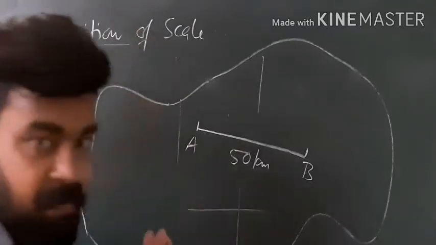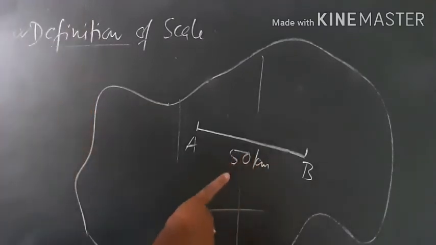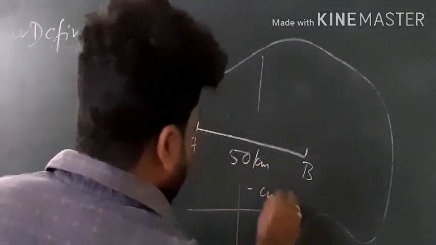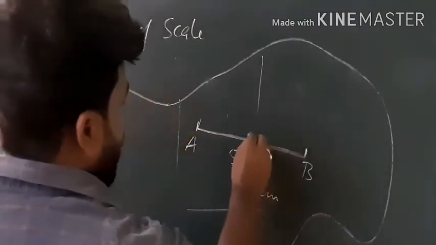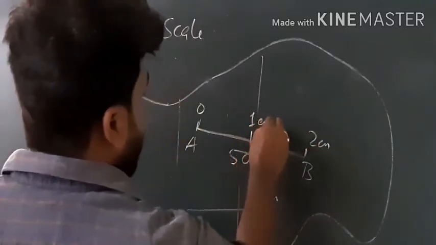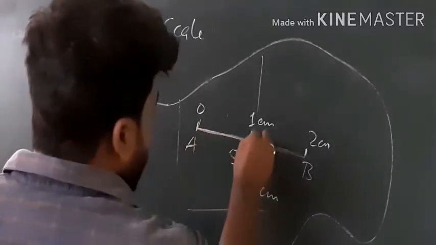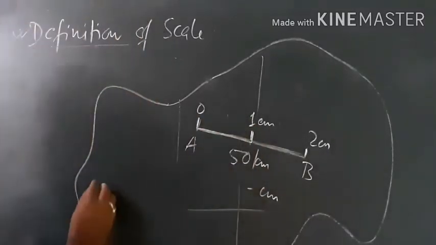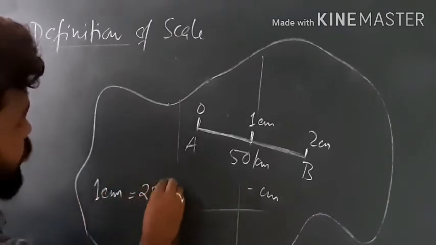So on a plain sheet of paper, we convert this 50 kilometers to centimeters. Suppose this measurement is 2 centimeters. Here 2 centimeters. It is 0, so definitely here it will be 1 centimeter. That means 1 centimeter is equal to 25 kilometers.